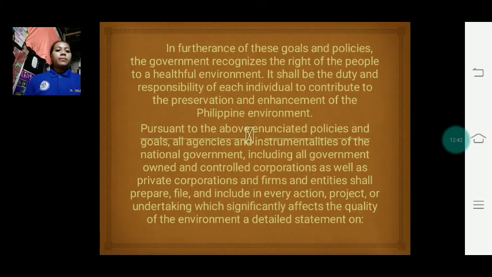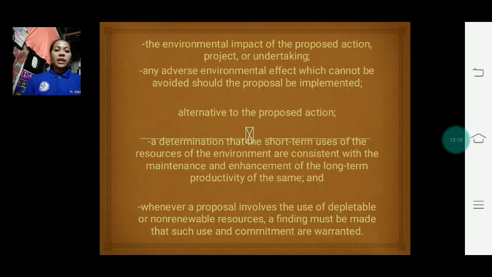So pursuant to the above enunciated policies and goals, all agencies and instrumentalities of the national government, including all government-owned and controlled corporations, as well as private corporations, firms, and entities, shall prepare, file, and include in every action, project, or undertaking which significantly affects the quality of the environment, a detailed statement on: First, the environmental impact of the proposed action, project, or undertaking.